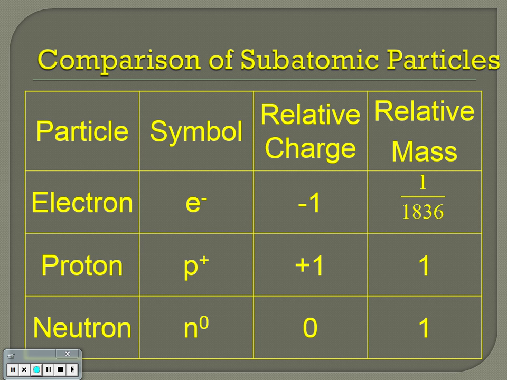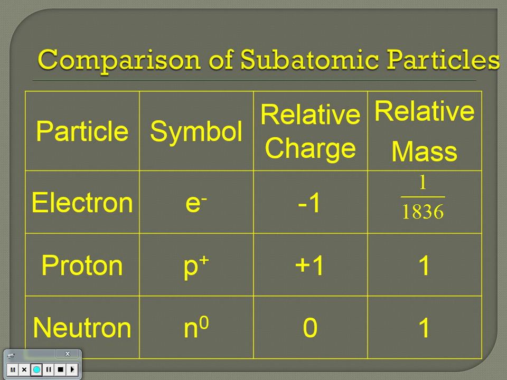So the next column, in your outline it just says charge, but mine says relative charge. When we label something as relative, what are we doing? You're comparing it, all right? Notice that there aren't any units in this chart, okay?